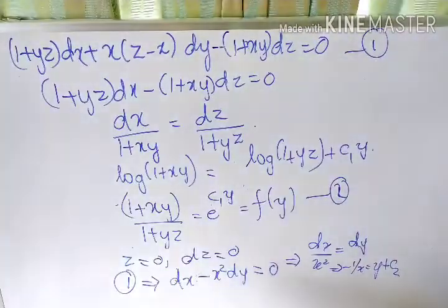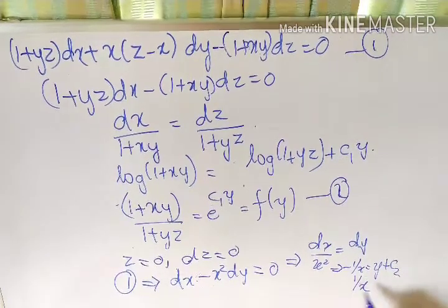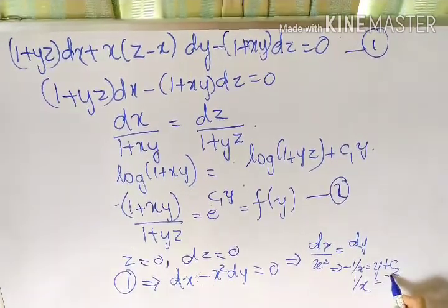Okay, I've got minus 1 by x, hope it is right, minus 1 by x is equal to y plus c2. Okay, from here we'll get 1 by x is equal to minus y minus c2.